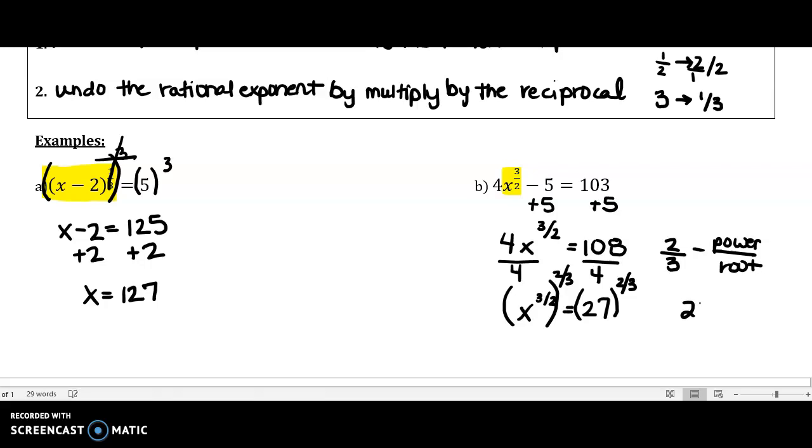So if I had 27, the power would be 2, cubed root of that. And if you have a nice handy dandy calculator, you could go ahead and put in 27 raised to the 2/3 power. Hopefully either way you should get 9. So x equals 9.